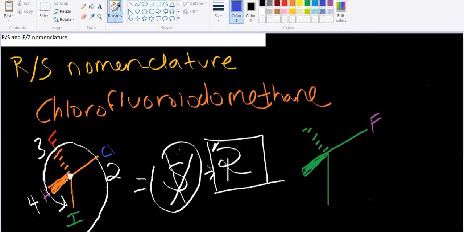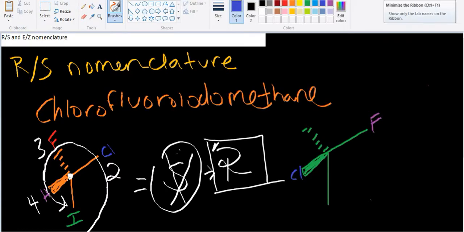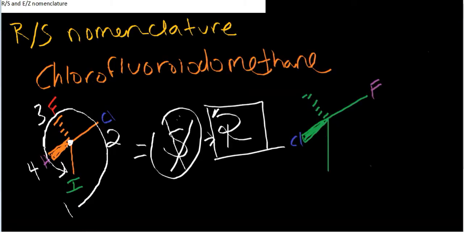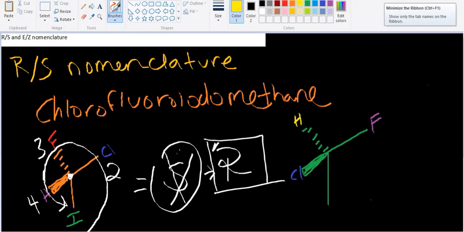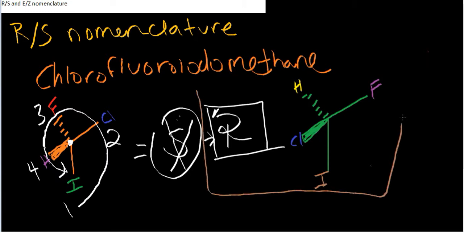Your chlorine will be here. Your lowest priority group hydrogen will be going in the back of the field, and your iodine stays at the bottom. Alright, so this is the correct form for R chlorofluoroiodomethane. Alright, so hopefully that makes sense.